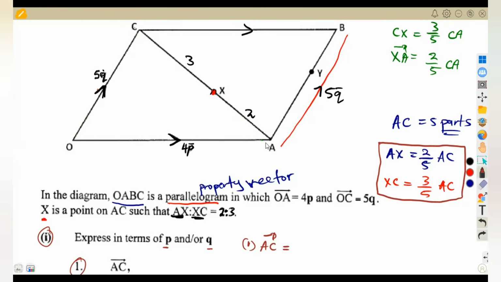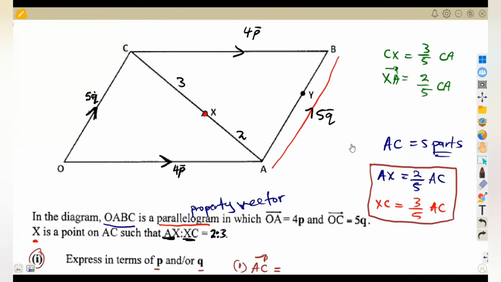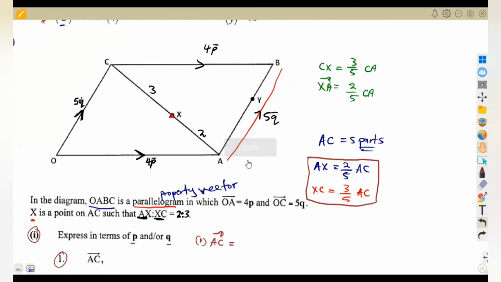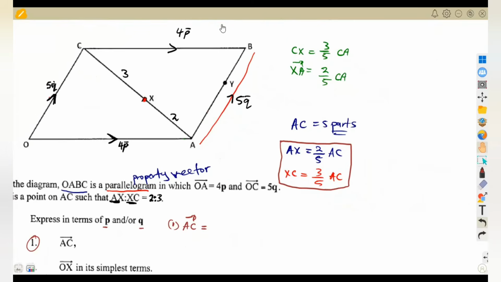You are going to consider the route that you are going to take from A to C. It's all about the route that you maintain. Here there are 2 ways, because our diagram is complete everywhere. So we can choose to move from A to O, then from O to C. From A to O we are opposing the direction, so that will be minus 4P.